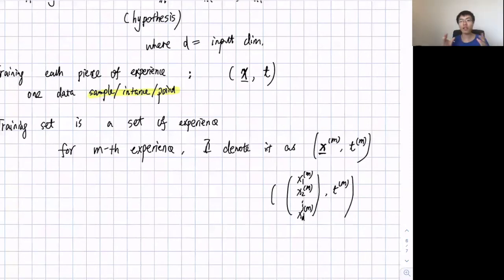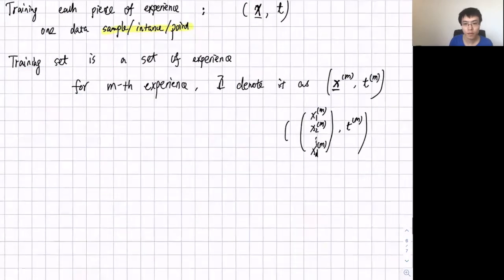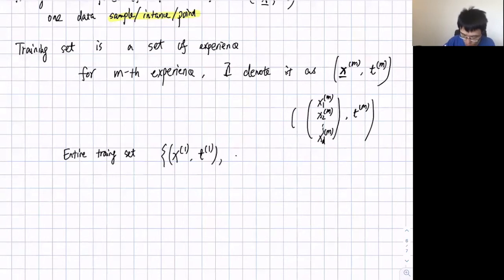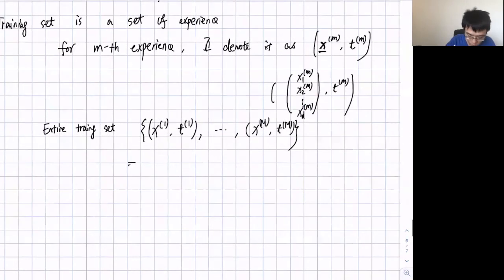Okay, so each data sample looks like this. Then my entire training set is maybe my first data sample, my second data sample, up to my capital Nth data sample. Okay, we have a short notation for that.